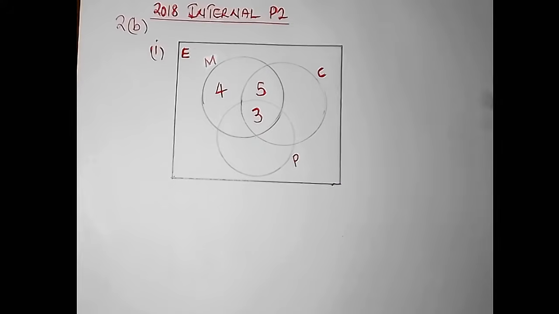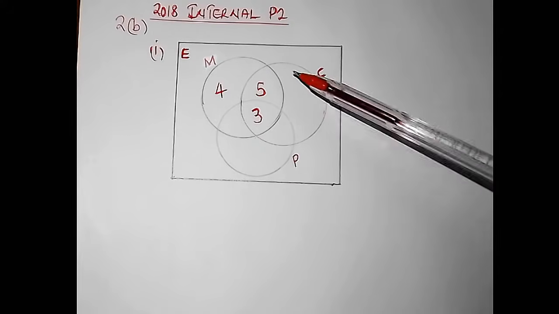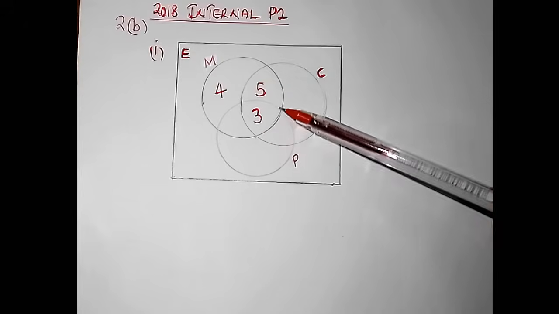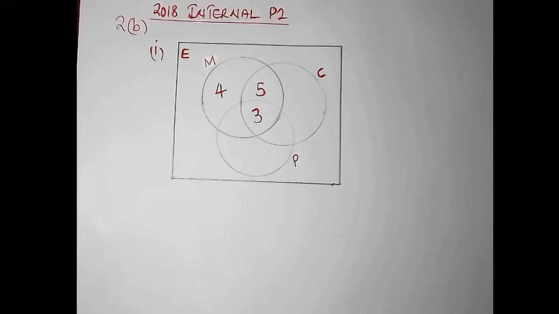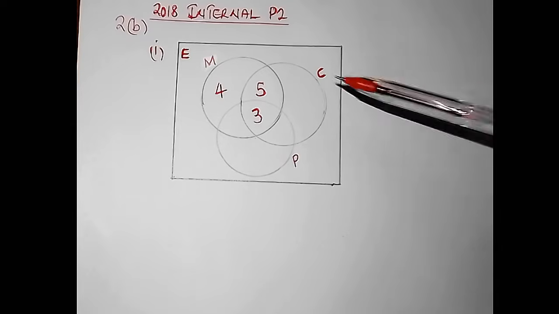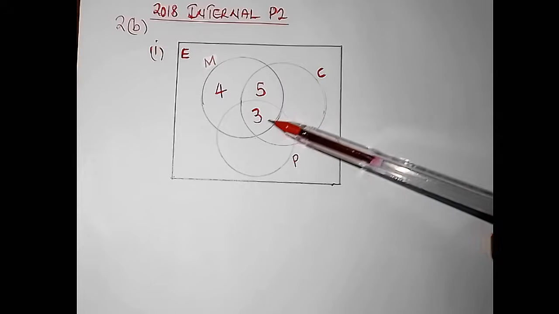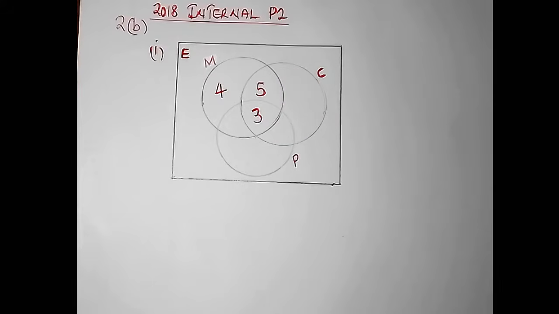Why are we putting 5 in this section? This is because the 8 students that study chemistry are also studying mathematics, and so the total here is 8. And I think this is the most challenging part about this question.